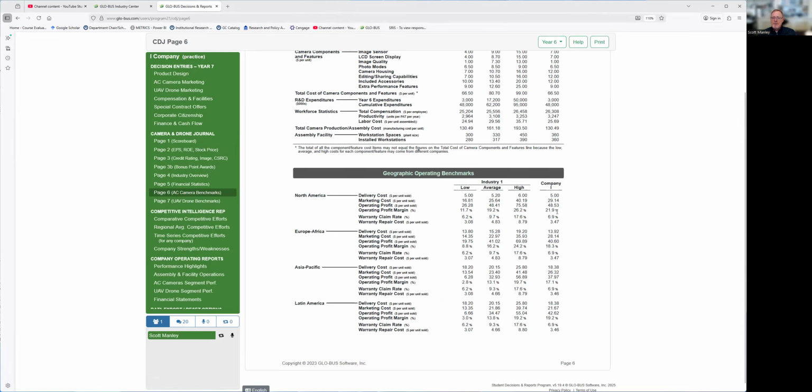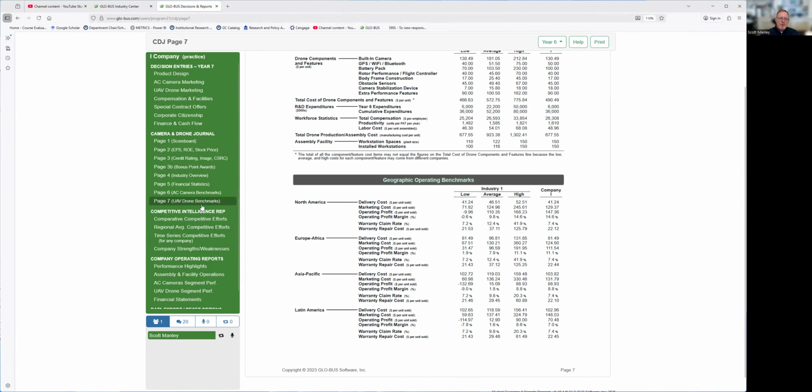I had a 21.9% operating profit margin in North America, 18.3% in Europe, Africa, 17.1% in Asia Pacific, and 19.2% in Latin America. Comparing those to the industry averages, I'm above average in all four geographic markets, and I actually had the highest operating profit margin in Latin America. Therefore, I should have had a pretty good outcome.